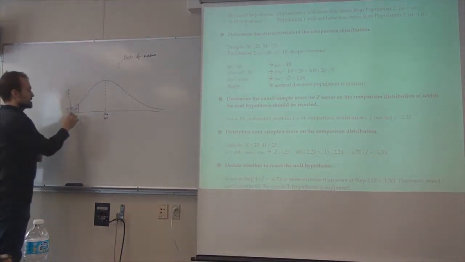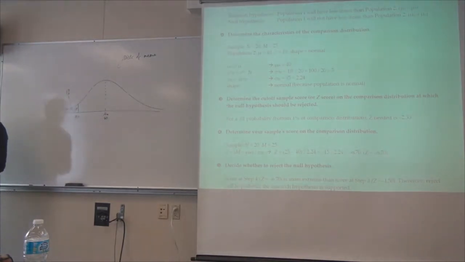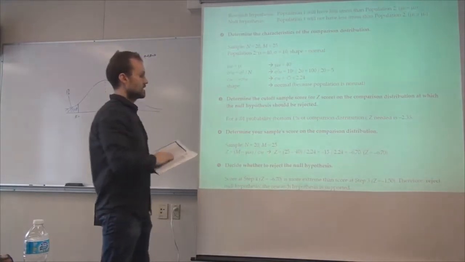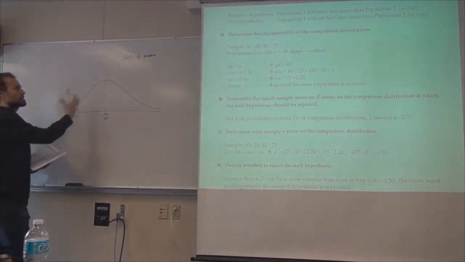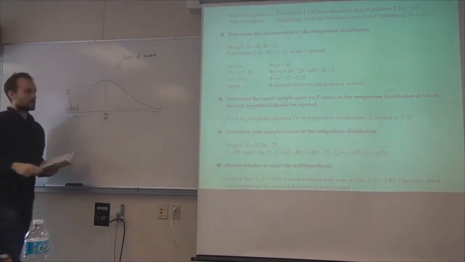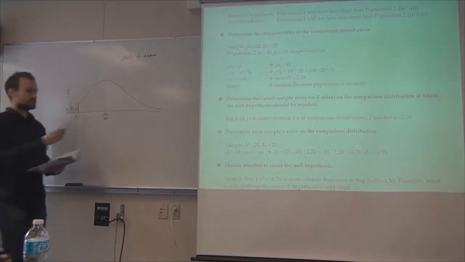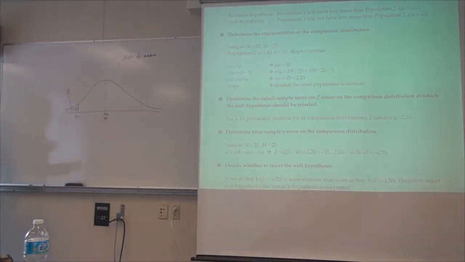Now what is the z-score that gives me that? Well, let's go to my table and look. So I'm looking at it on the left, but because of symmetry, I can look at it on the right. Find the z-score here first, and then just flip it around to make it negative.